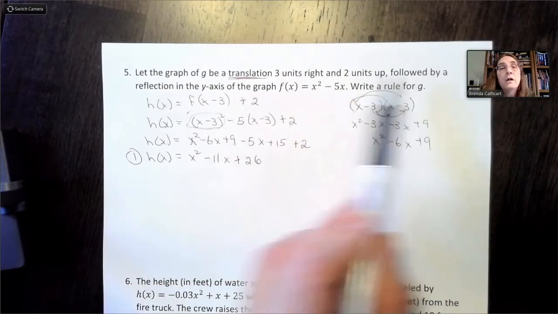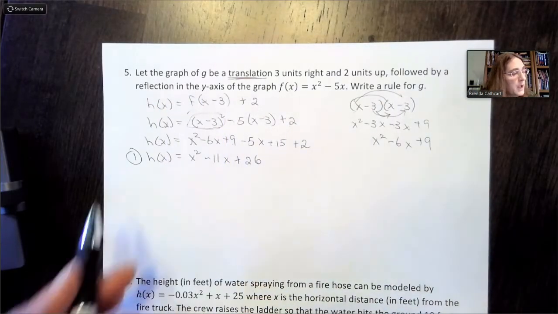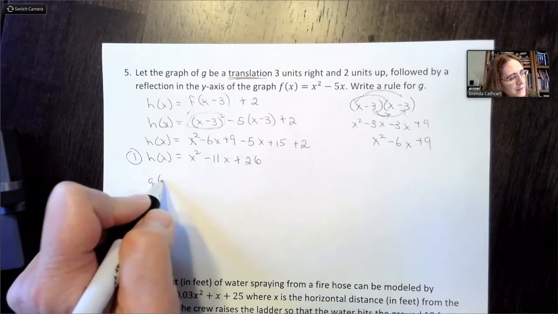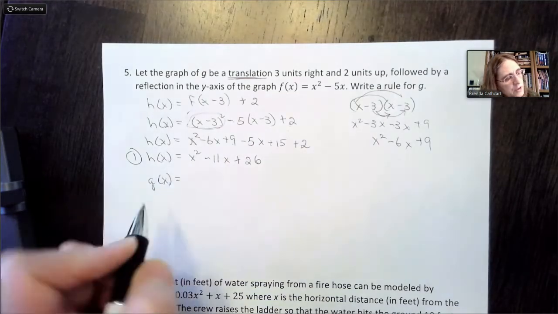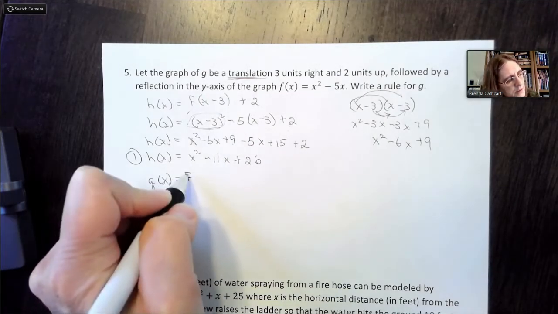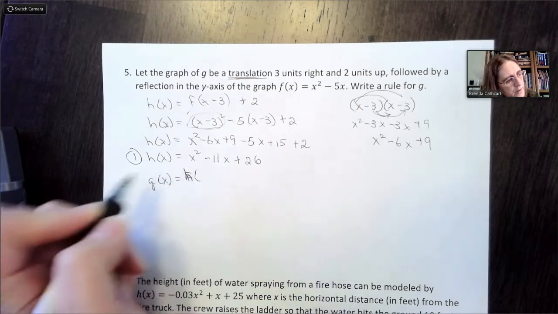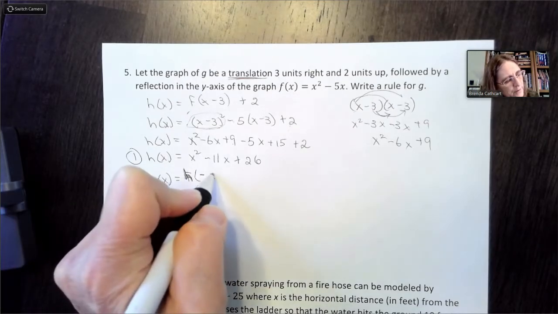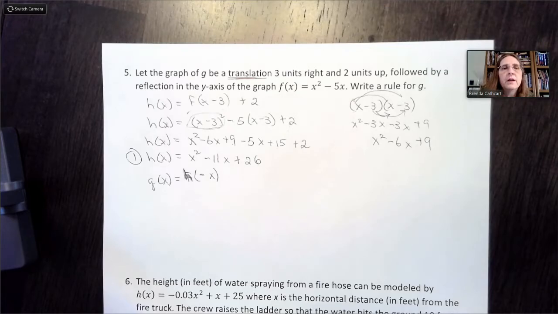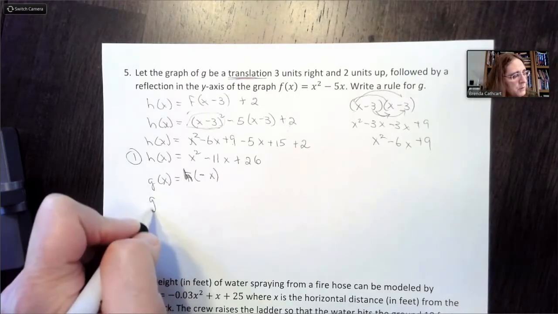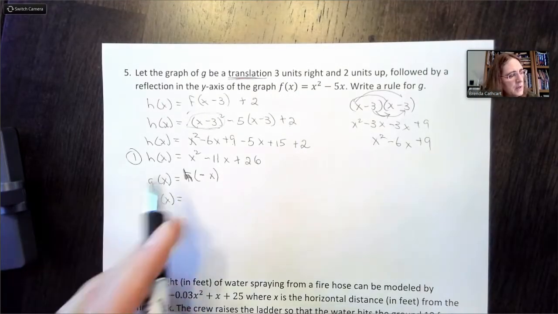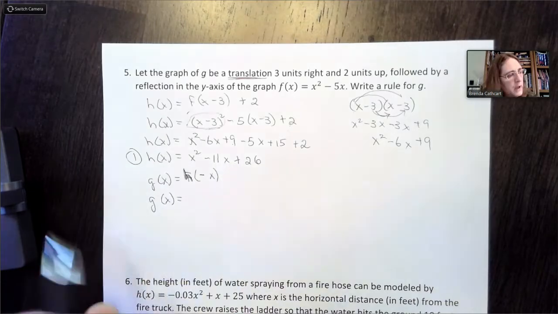Now we want to follow it by a reflection in the y-axis. So for our next step, a reflection in the y-axis replaces x with negative x. So I want h of negative x. I'm going to replace all the x's in h of x with negative x.